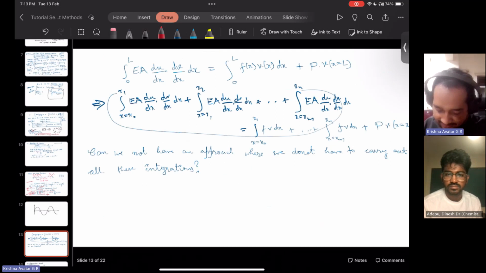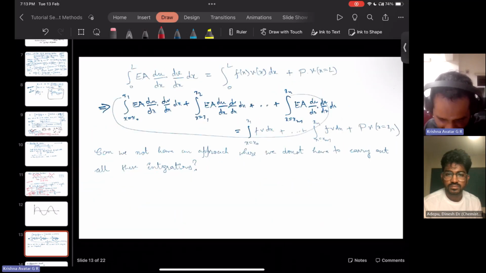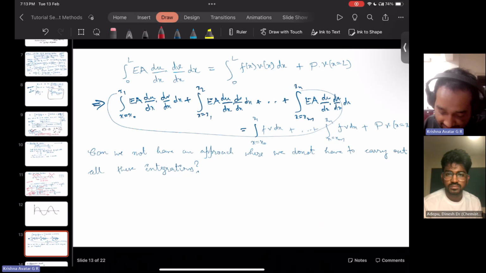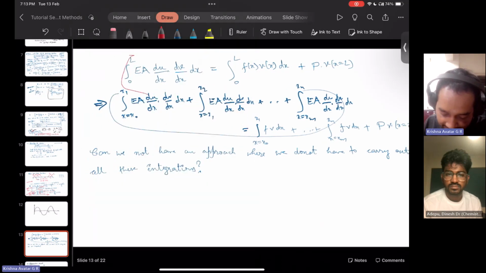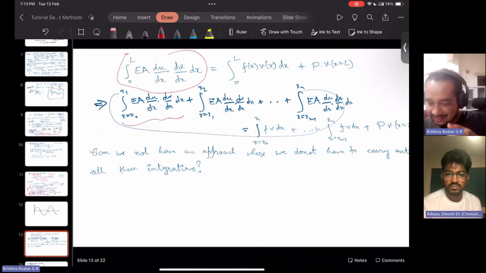So we were here, and then what I did is I expressed this integral in terms of these integrals. I just broke it into multiple subintegrals, element-wise integration, from x0 to x1, x1 to x2.